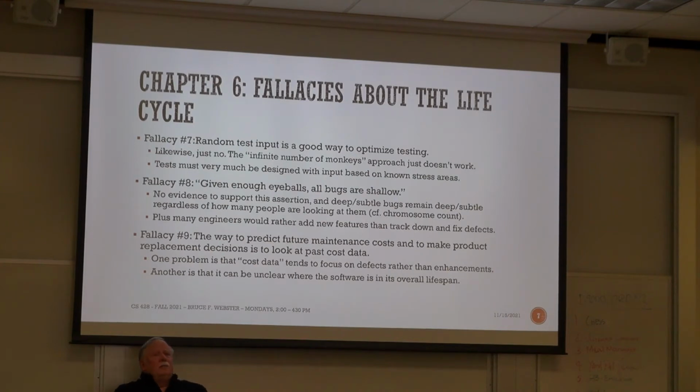Fallacy 9: the way to predict future maintenance costs is to look at past costs. But cost changes constantly in both directions. To say, we're putting this into production and it cost us this much to get it into production, therefore this is what it's going to cost going forward, has a number of problems.